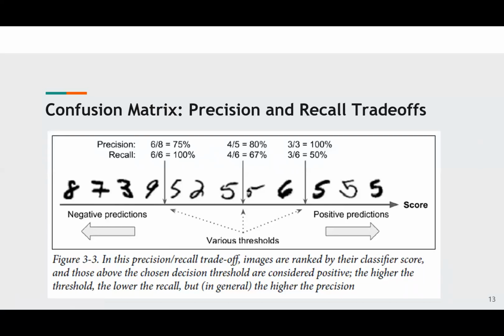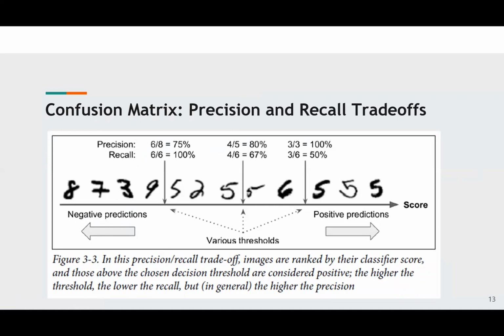That's why it's 100%. But on the left-hand side, let's look at the recall. Recall turns out to be not only these 3, but also these 3 that are misclassified as negative. That's why your recall is only this 3 divided by this 3 plus those 3, which turns out to be 50%.